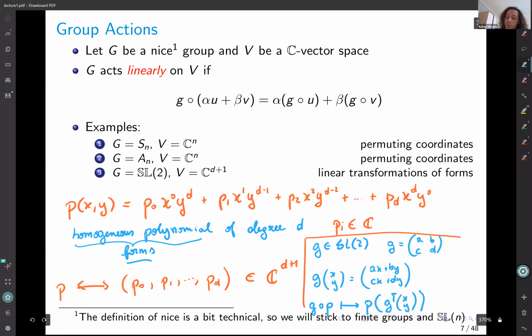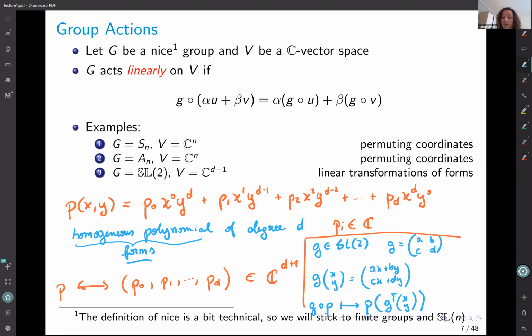The transpose here is just because we want to preserve the property of the group, the associativity, that we had before. That's why we need the transpose there.